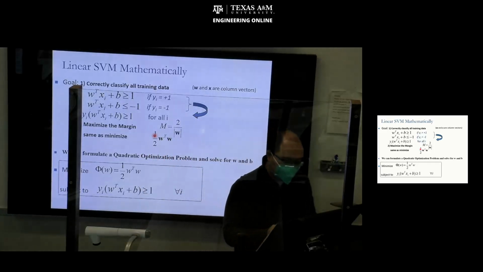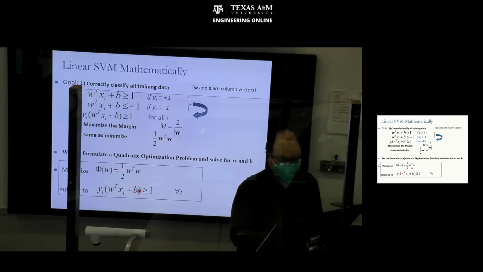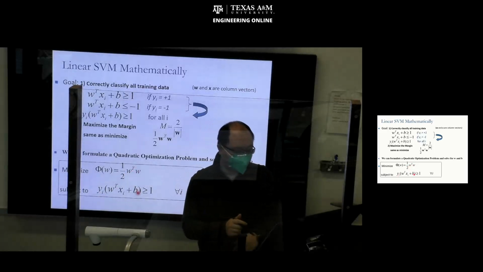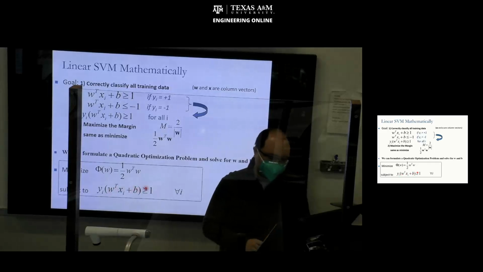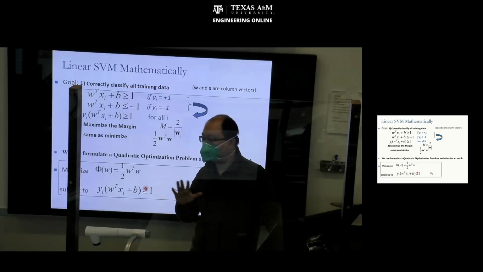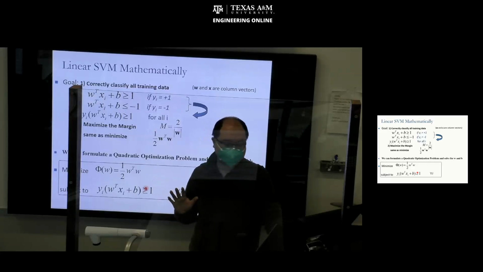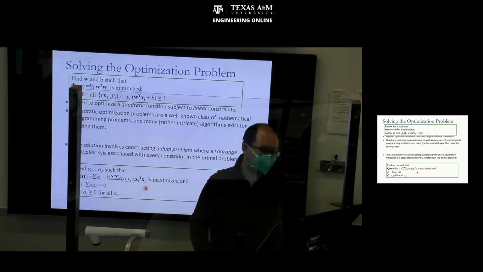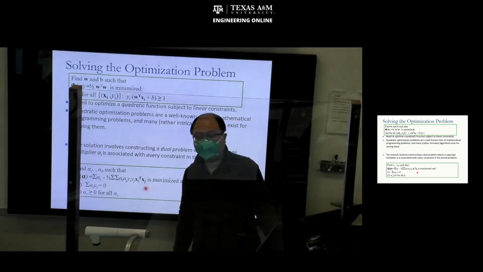So what we end up having is a quadratic optimization problem with linear constraints. It's a quadratic objective function in w, and it's linear in w for the constraints. And this problem can be solved exactly, analytically. Don't bother about the convergence rate. So this can be solved exactly.